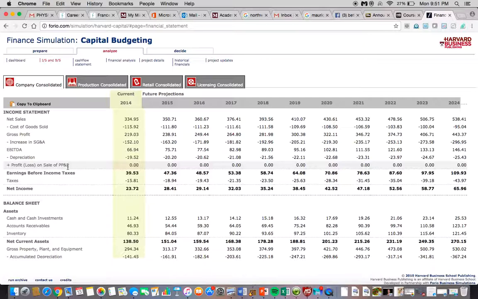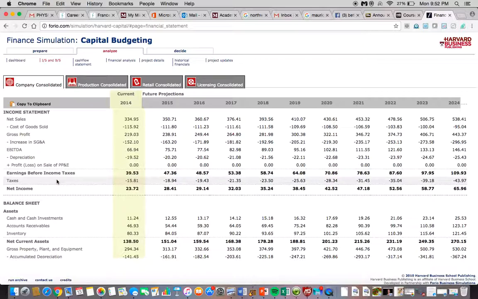All of these together give you a combined total of your earnings before income taxes. As you can see here, they increase throughout the years, ending at 2024 of a 109.93 and starting at a 39.53. So it has increased pretty steadily.